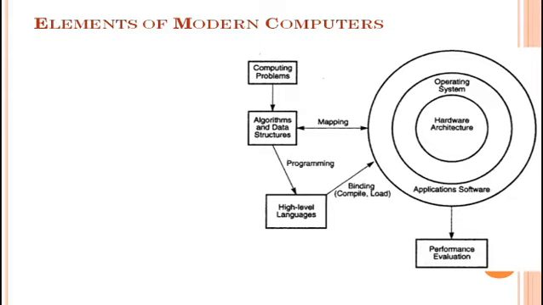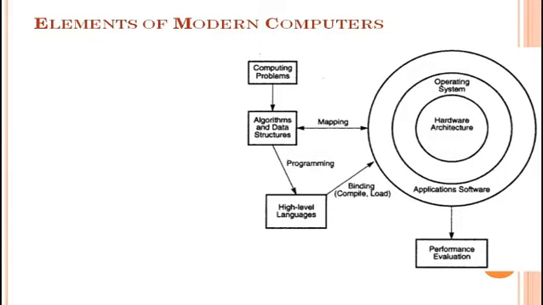So first, a computing problem is analyzed. Then after analyzing the problem, we are going to write the algorithm, and we are going to use the data structures available. Then those algorithms and data structures are mapped with the operating systems and the hardware architecture.